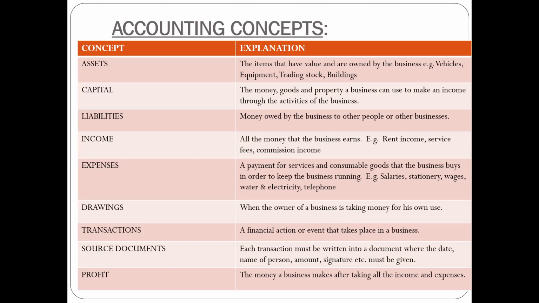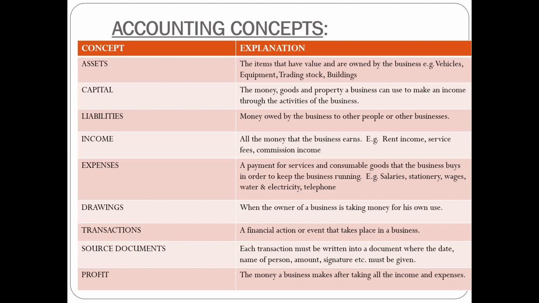Then expenses, we're going to continue. Okay, so expenses is a payment for services and consumable goods that the business buys in order to keep the business running. So anything that you need to pay for the business, so the money is going out of the business bank account, can be seen as an expense. For example, you need to pay your workers' salaries.